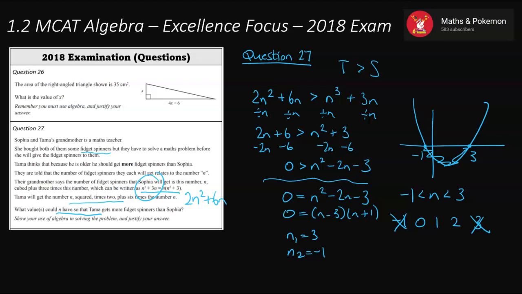And we can't have 0 fidget spinners because if Tama has 0 fidget spinners, that means Sophia has to have less than that, which would be negative fidget spinners, which doesn't really make sense. So that's gone, which means the only two values for n which can actually result in anything here would be 1 or 2. So therefore, n can be equal to 1 or 2.